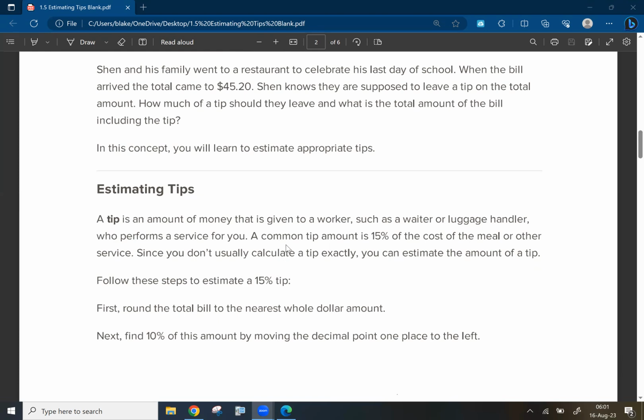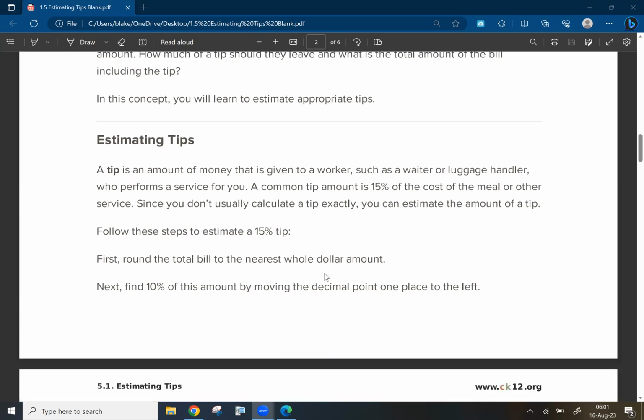All right. So talking a little bit about tip, it says a common tip amount is 15% of the cost of the meal or other service. Since you don't usually calculate tip exactly, you can estimate the amount of a tip. So here are these steps. First, round the total bill to the nearest whole dollar amount.